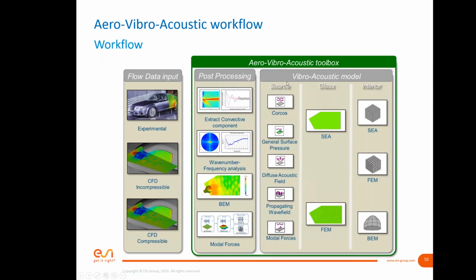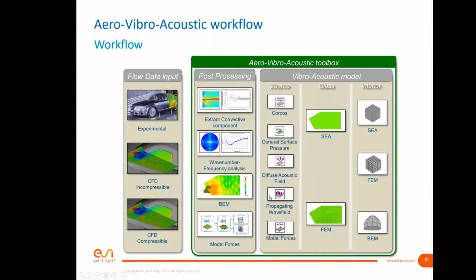In the vibroacoustic model, that can end in different types of sources, first the TBL source, which is a turbulent boundary layer using the Corcos model type of source. General surface pressure was what I was talking about earlier. Diffuse acoustic field, which is a purely acoustic load.